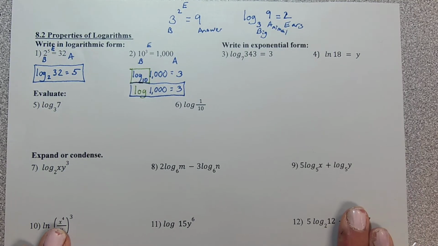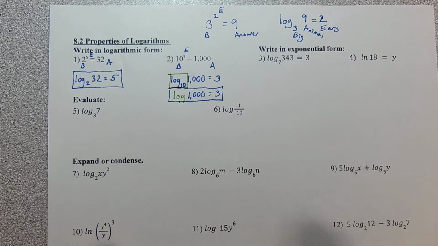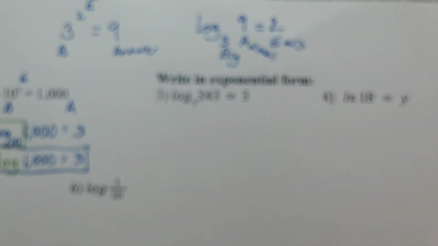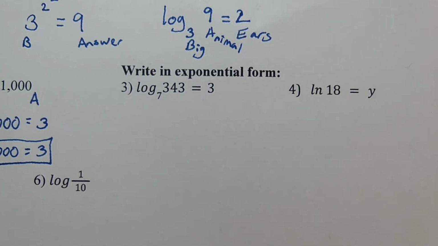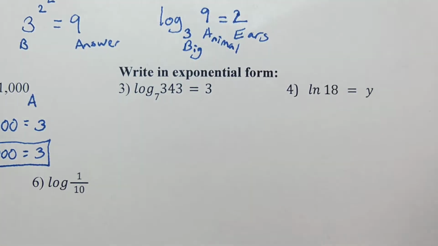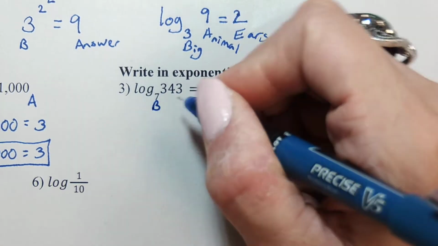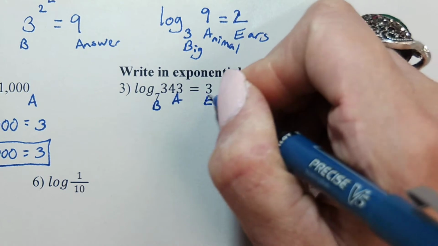All right. So then moving on to exponential form, the big thing with going to exponential form is it should make mathematical sense once you rewrite it. Logs maybe aren't quite as intuitive, but if we go to exponential form, it should make mathematical sense, so that's a way you can check yourself. So I see the word log, and I think of the elephant with his big animal ears.